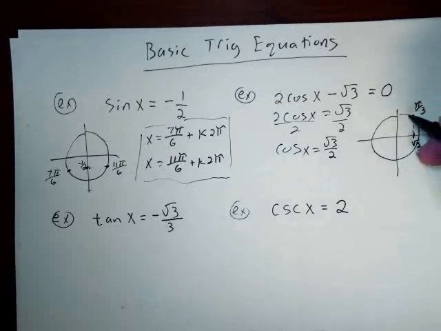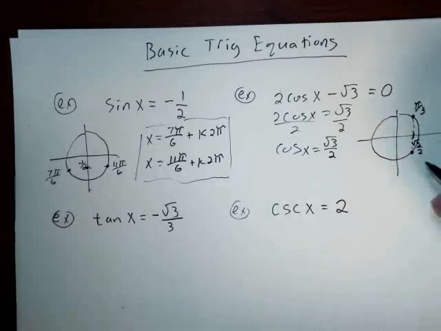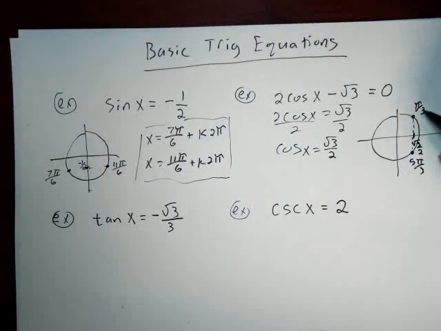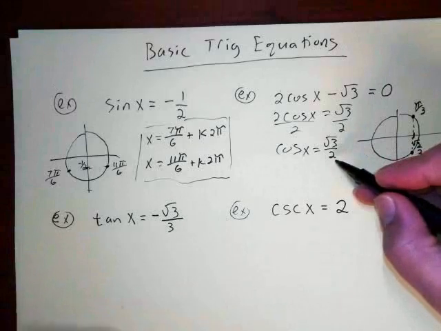And the other one that gives you a positive square root of 3 over 2 is the one down here, which is 5 pi over 3. There are 6 of them, back up one, that's 5 pi over 3. So these are the two solutions between 0 and 2 pi that give me square root of 3 over 2.